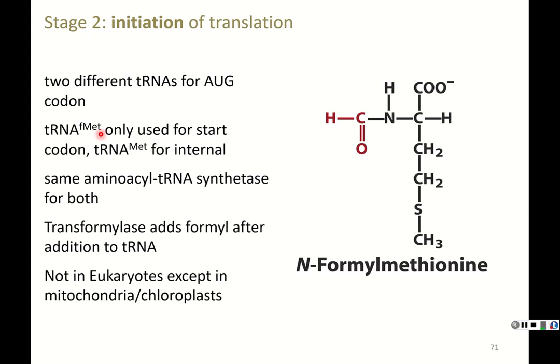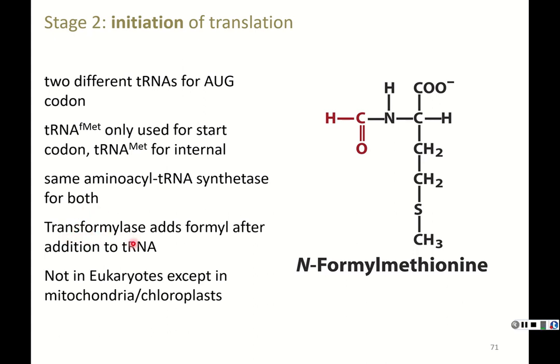And then you have another tRNA for methionine when the methionine residue is an internal one within the protein. Okay, the same aminoacyl tRNA synthetase loads both of them. Then you have another enzyme that adds the formyl group.